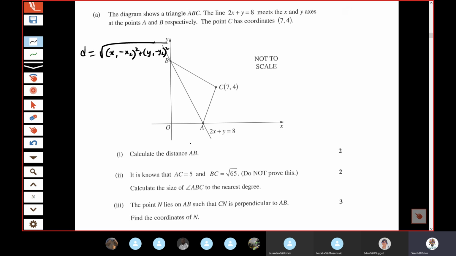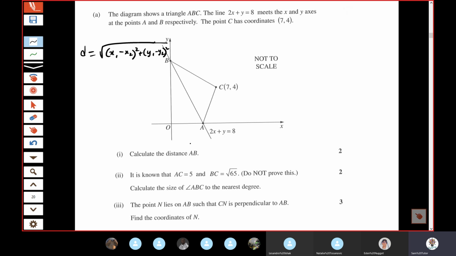You need to find the points first. Find the points.